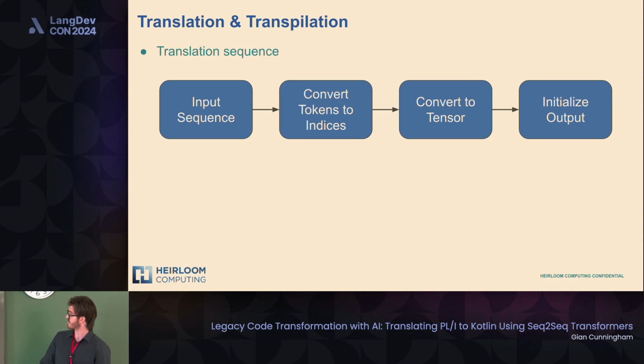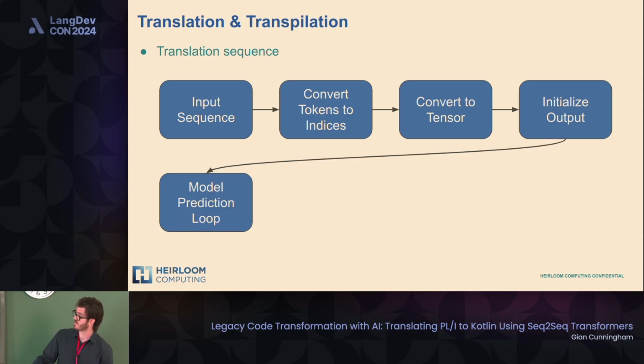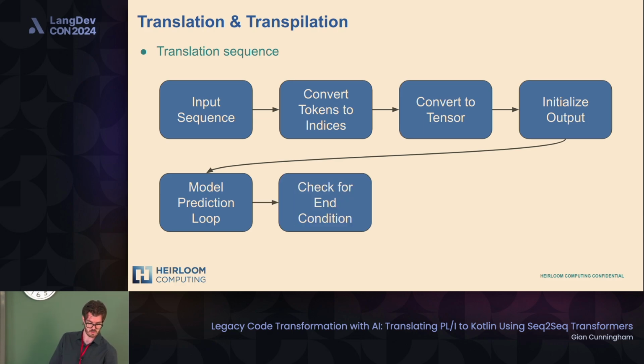We then can start our output. We start the model's prediction loop, meaning we feed our input sequence and the current state of our output sequence. We loop around, each time generating the predicted next token and appending it to our output until we get an EOS token, an end of sequence token, and then our loop breaks.